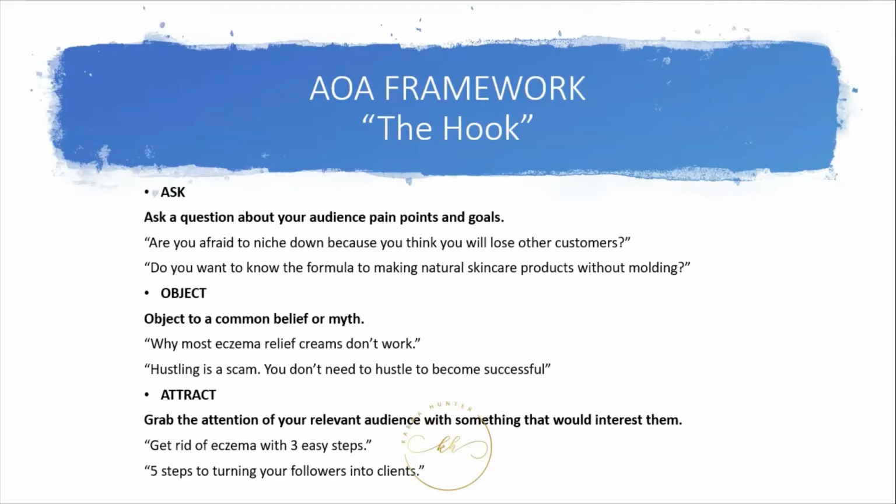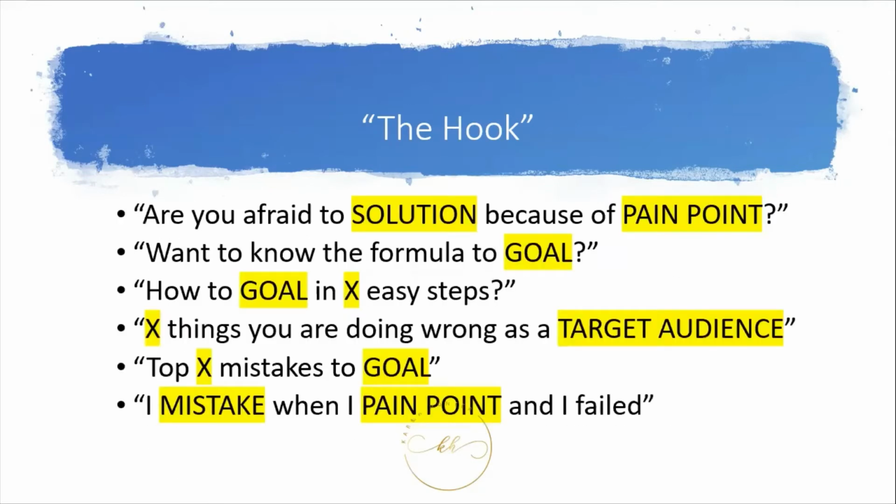So let's look at some formulas for the hook. That's why you first write down your target audience, the solution, the goal, pain points, and mistakes, so that you can just plug and play here, depending on what you want to talk about. One of the formulas: are you afraid to blah, blah, blah because of blah, blah, blah?